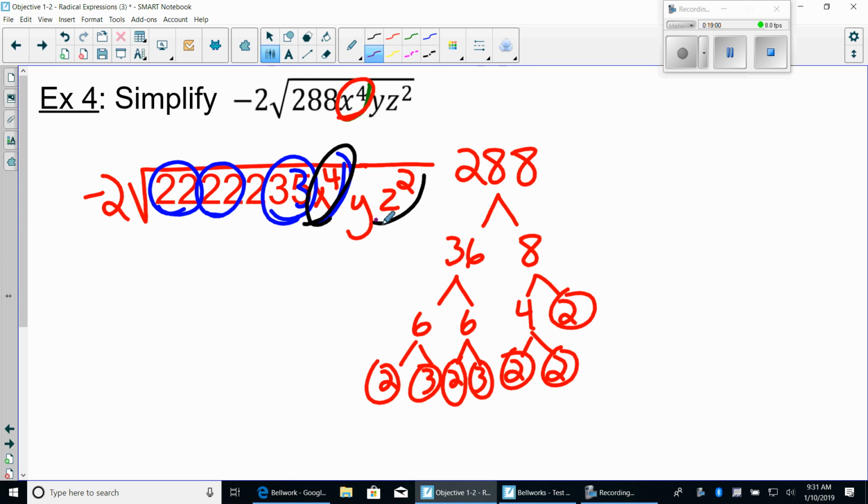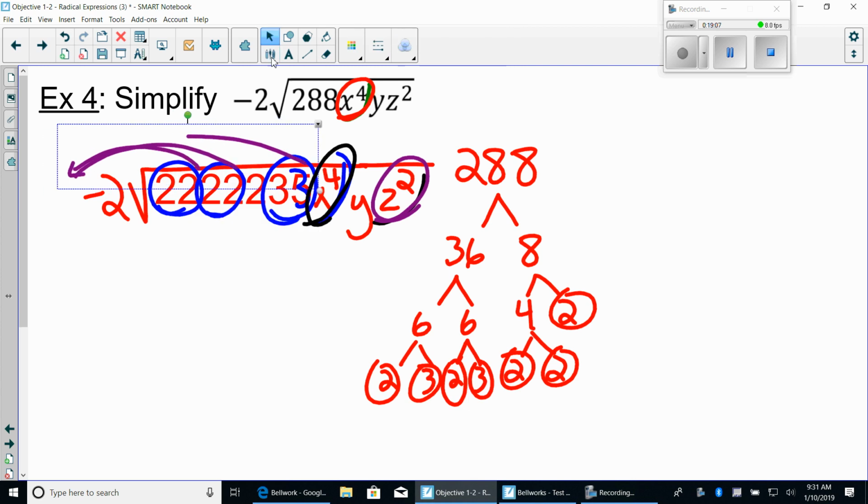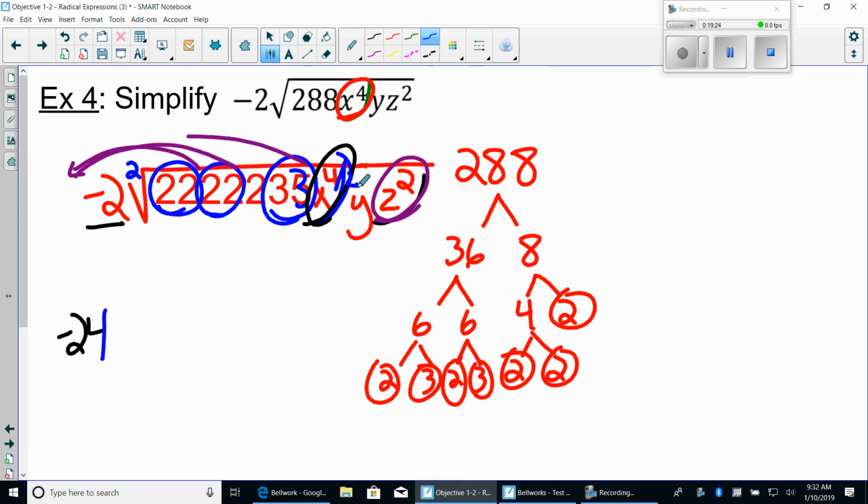All right, so that comes out as a 2, and a 2, and a 3. And when you multiply all of that with negative 2, you get negative 24. It's not going to let me write. Negative 24. X to the 4th comes out. I'm going to divide this by 2, so it comes out as x squared.